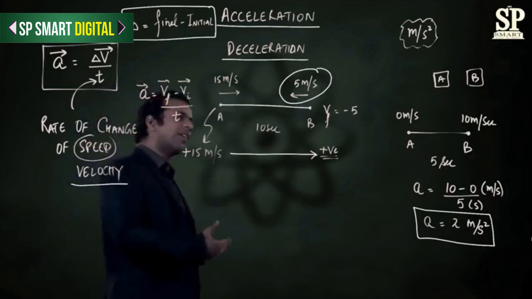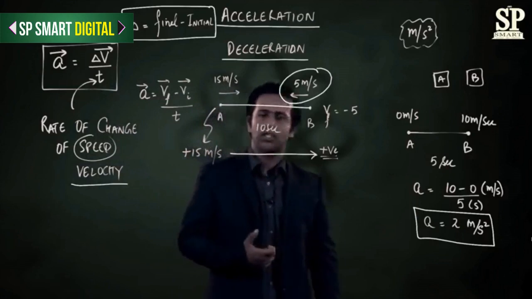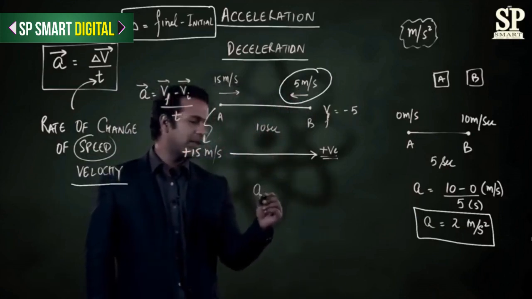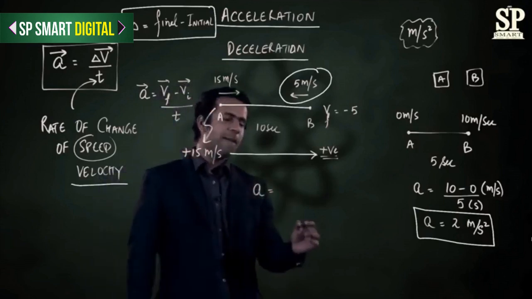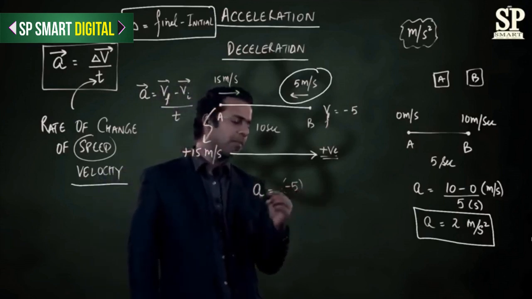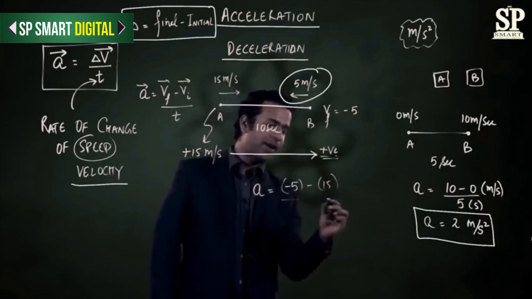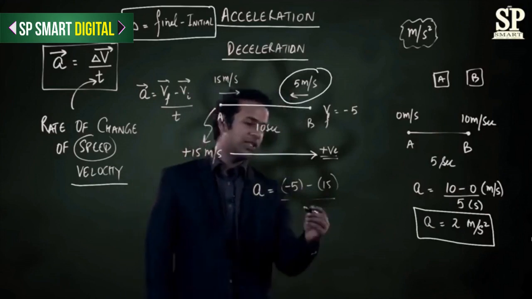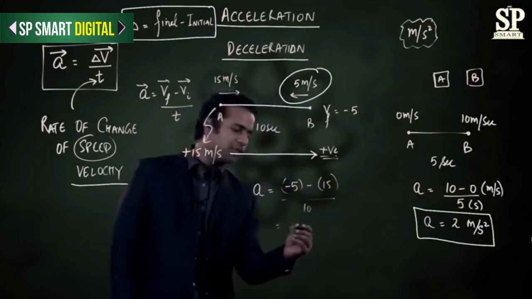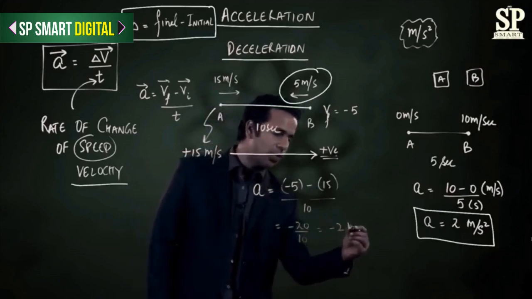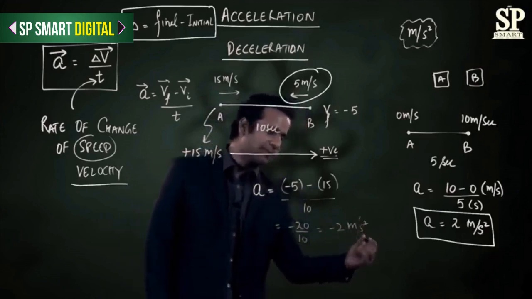Right. Now we have the final and the initial velocity with their appropriate signs. So let's find acceleration. So acceleration becomes minus 5 minus 15 divided by the time taken, which is 10. So this becomes minus 20 by 10, which gives you minus 2 meter per second square.